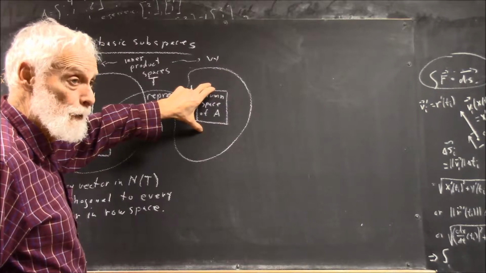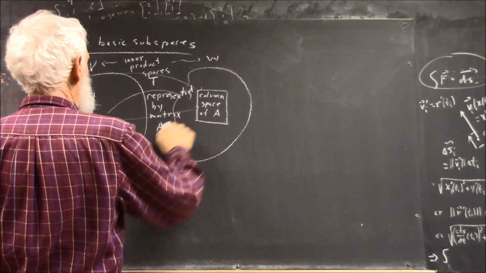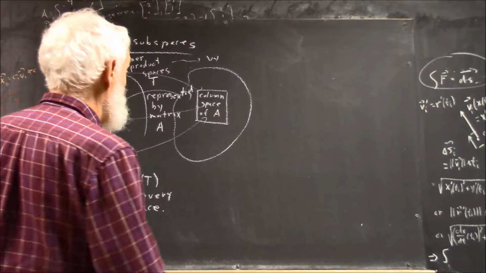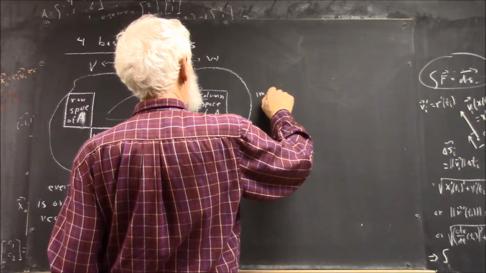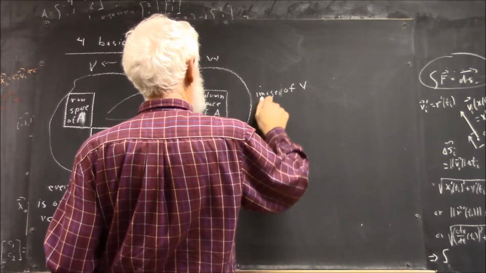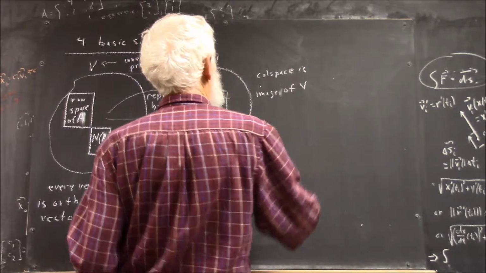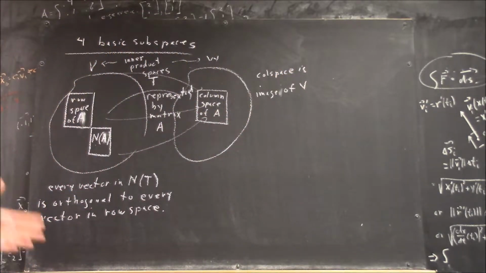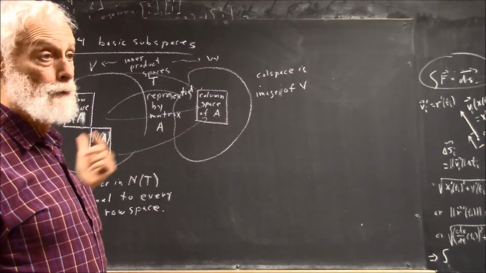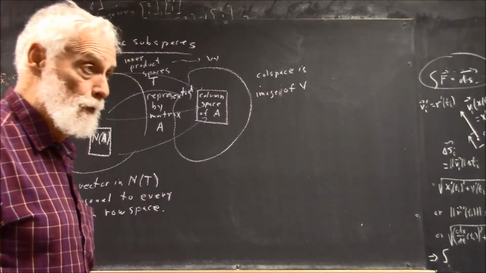All the vectors in V go to your column space, and this is the image of V. The column space is the image of V. All the vectors of V go into the column space, and there's nothing in the column space that didn't come from V under the transformation.